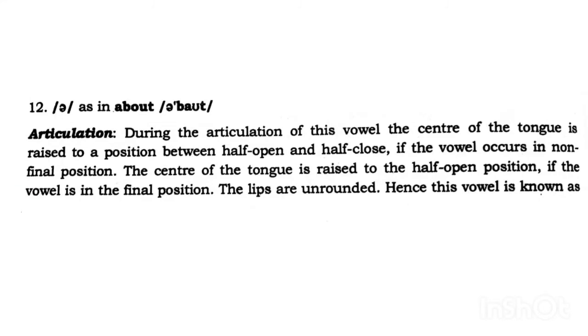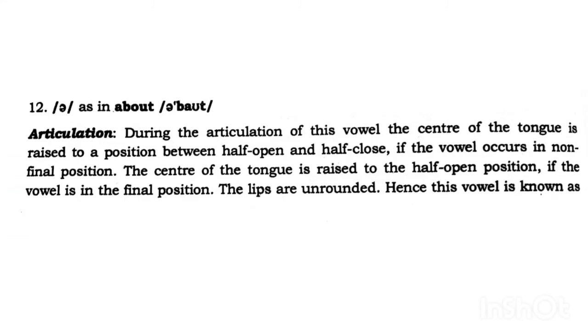There is a condition given there, if the vowel occurs in non-final position. What is non-final position? Not in the final section of a word. It will be in half open and half close position.